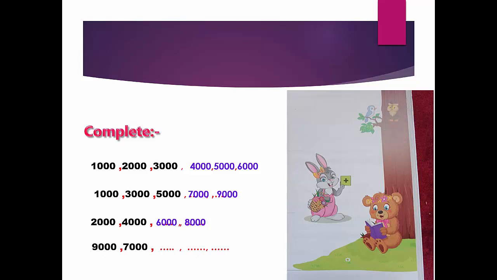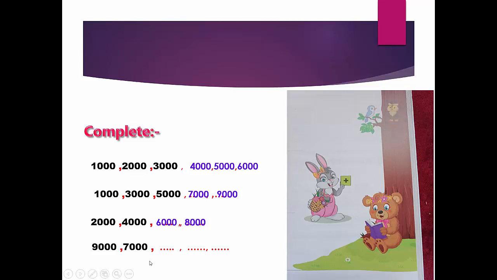Next one here, teacher. 9,000, 7,000. What's the number here, teacher? I'm making a jump. Okay, but teacher, here I have 9. Before 9, 8. I drop 8. Before 8, 7. I write 8. Before 7, 6. I will drop 6.